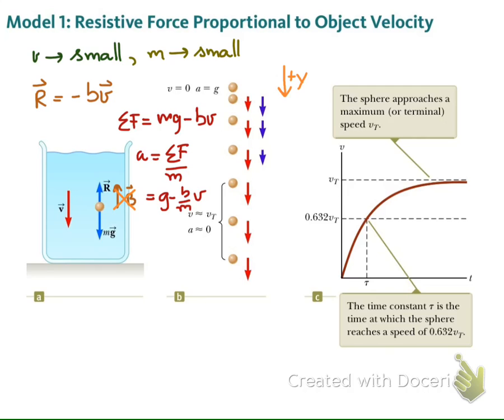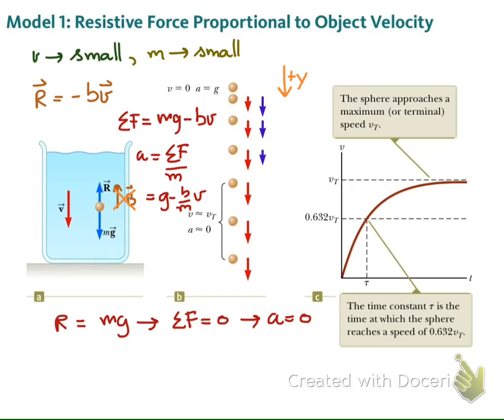Okay, so the resistive force becomes larger and larger, and at the end, when the resistive force is equal to mg, we have the net force equal to 0 and the acceleration is equal to 0.